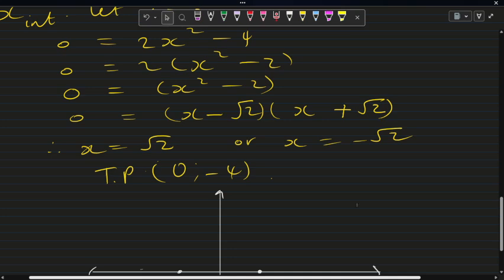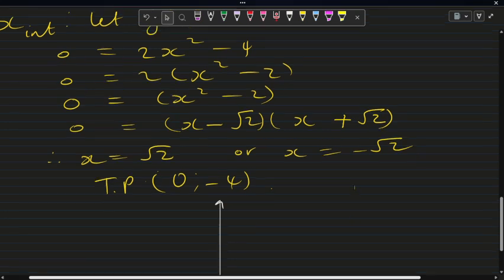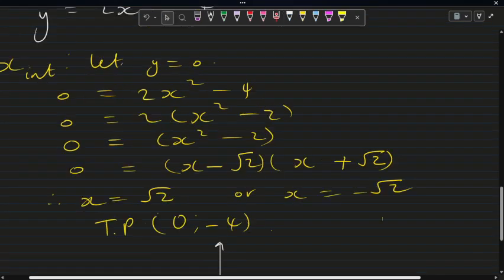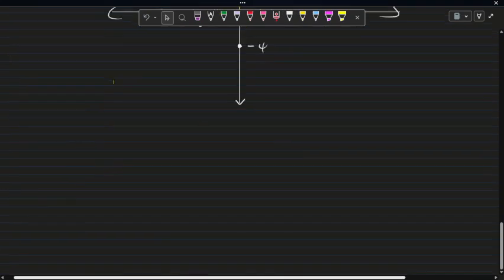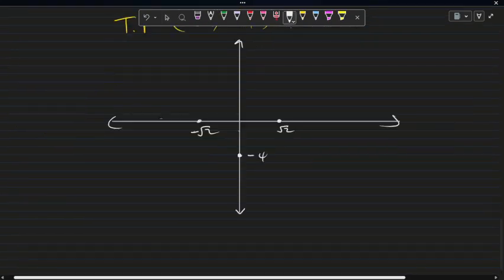So I can draw my graph. And noting the fact that the a value is positive, then I know that my graph will look like a happy face. So it will be something of this sort. Go up like that, and then we'll go up like this as well.